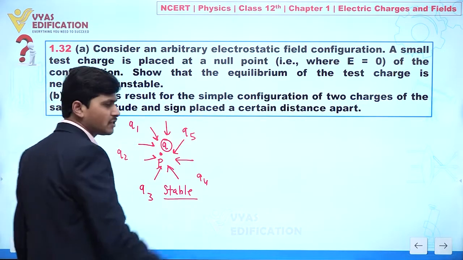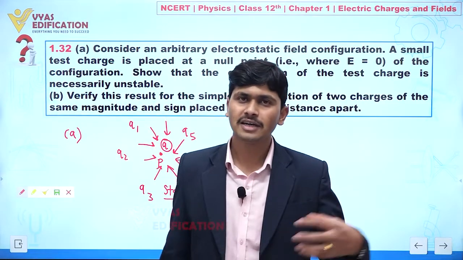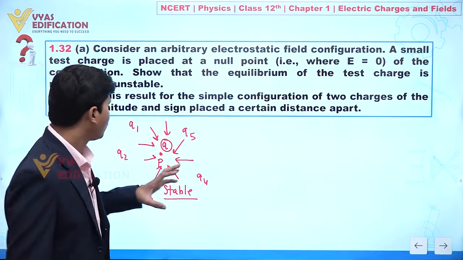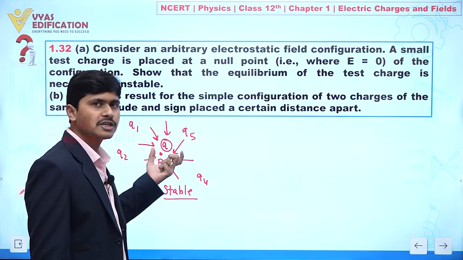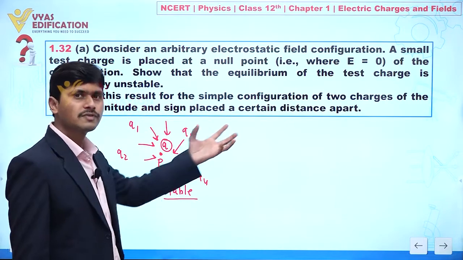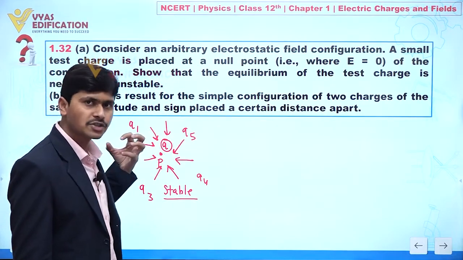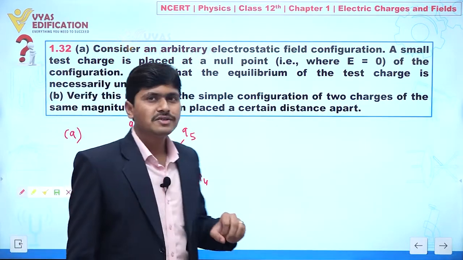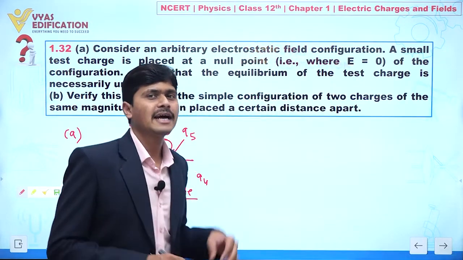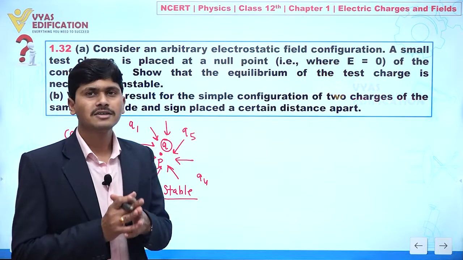If we have positive charge, it will act in an inward direction, and if we have negative charge, it will act in an outward direction. So the restoring force will act in an inward direction from all directions.